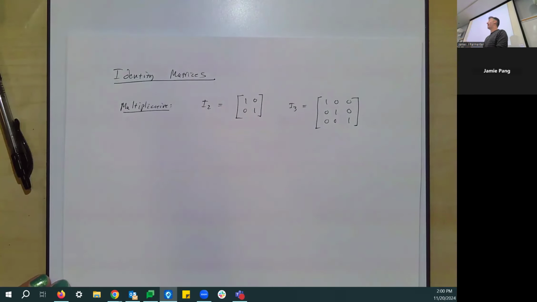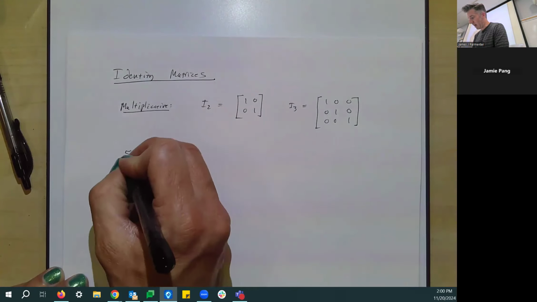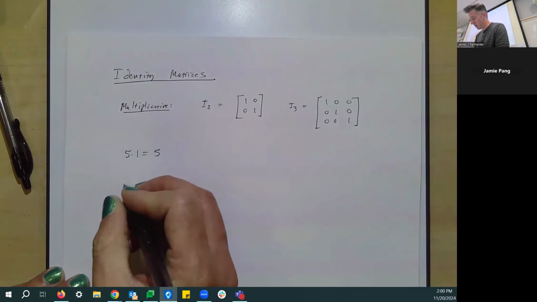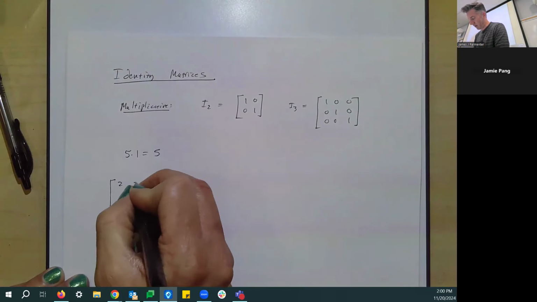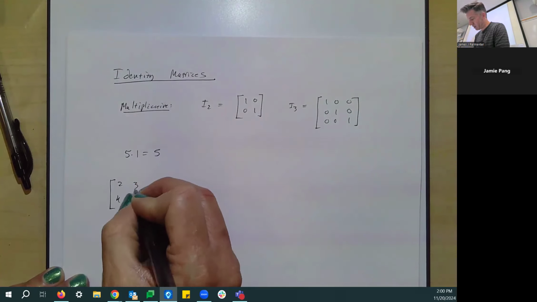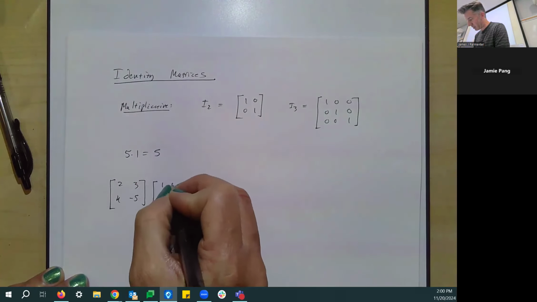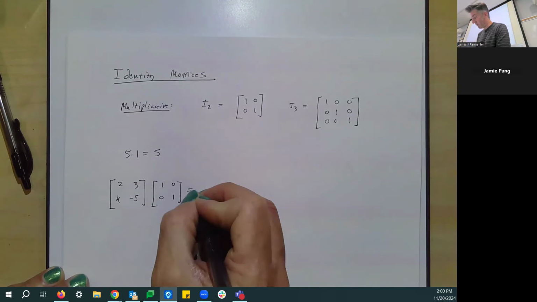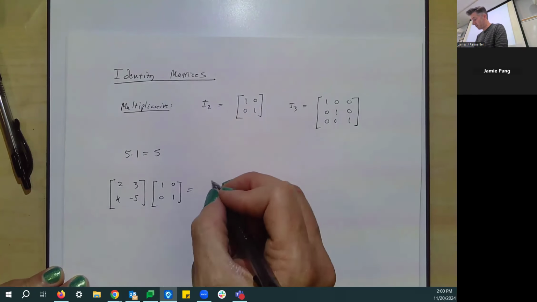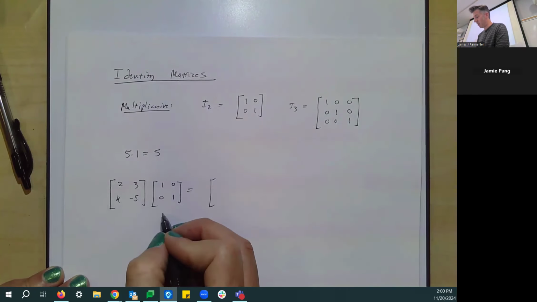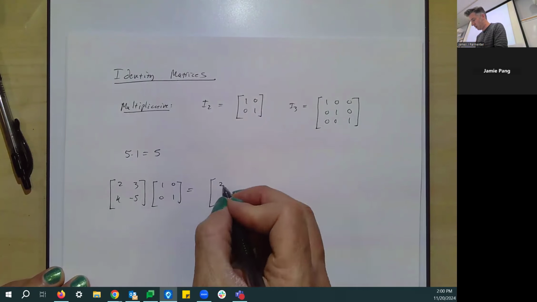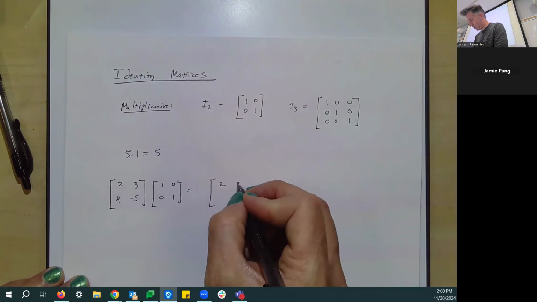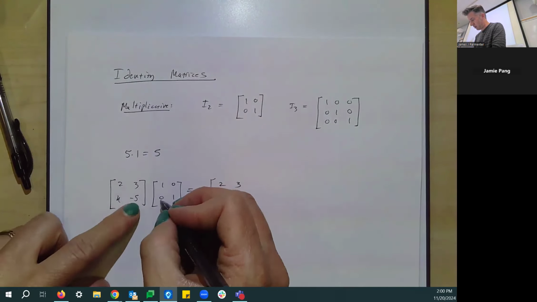When you multiply any other matrix by the identity, it's like when you multiply a regular number by 1. It doesn't change it. Just like 5 times 1 is equal to 5, a matrix A, I'm just going to make up something new, times the identity matrix is going to give you back the matrix you started with. 2, 3 dotted with 1, 0 is 2. 2, 3 dotted with 0, 1 is 3. 4 plus 0 is 4.